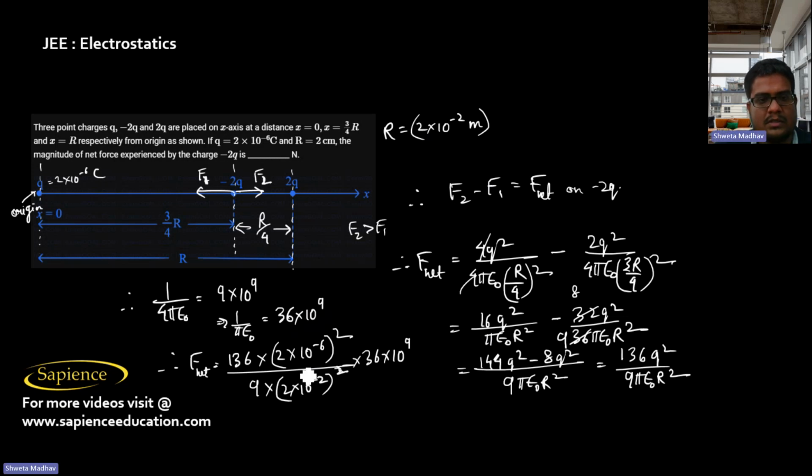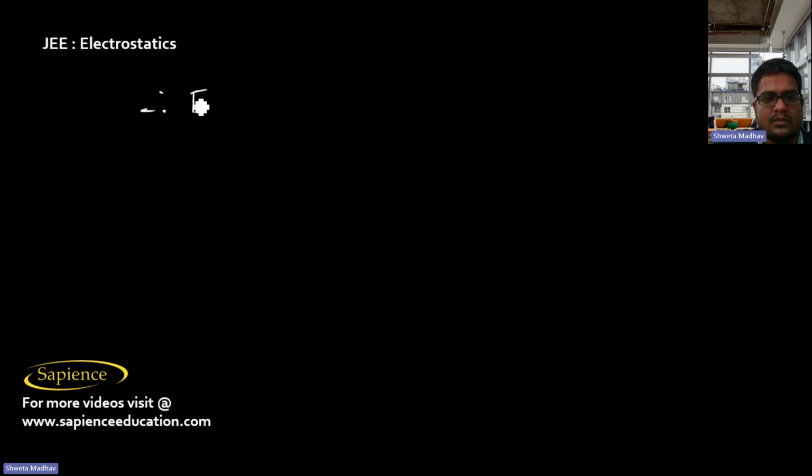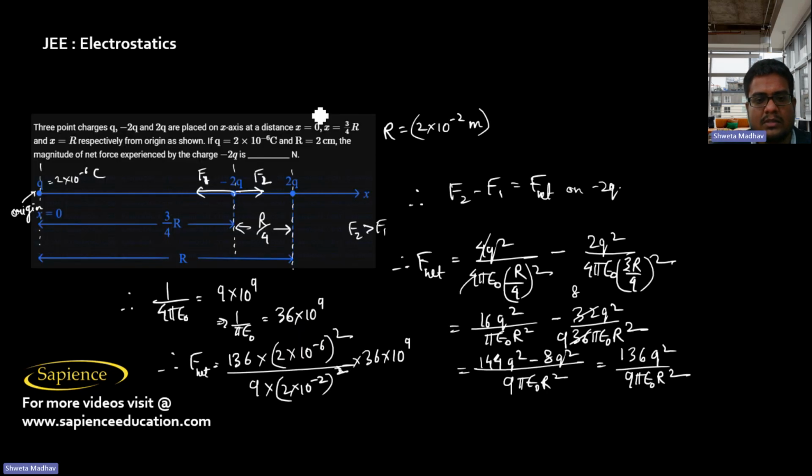So to find the magnitude of this force, the net force on the charge minus q is 136 by 9 into 36 into (2 into 10 power minus 6) whole square by (2 into 10 power minus 2) whole square, into 10 power 9 Newton.